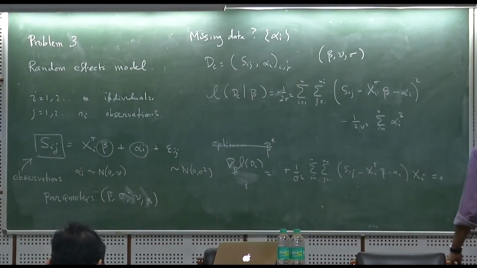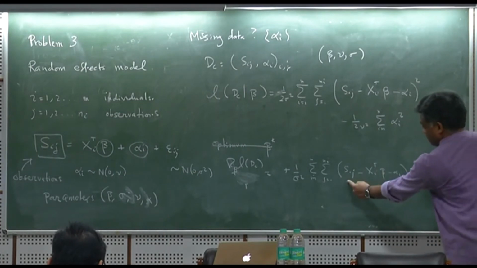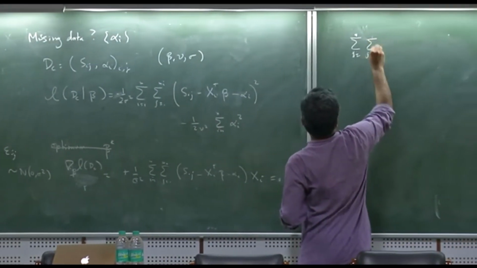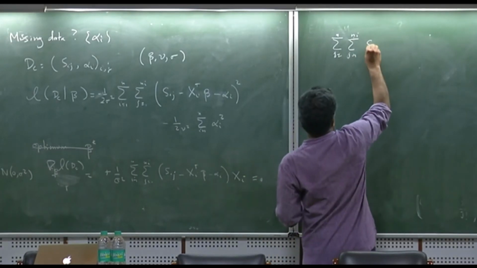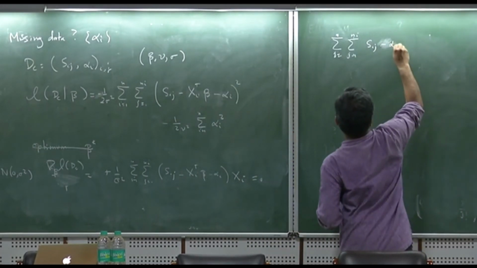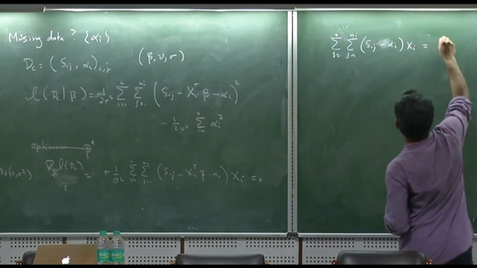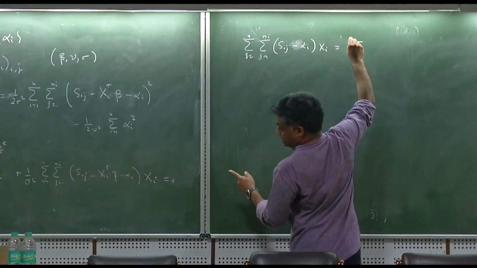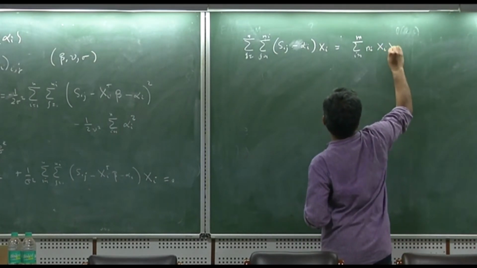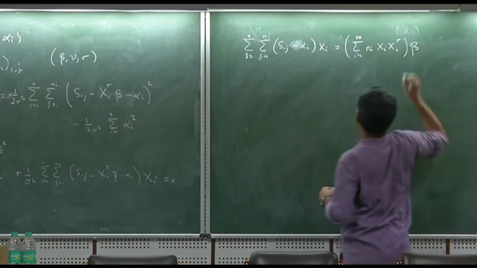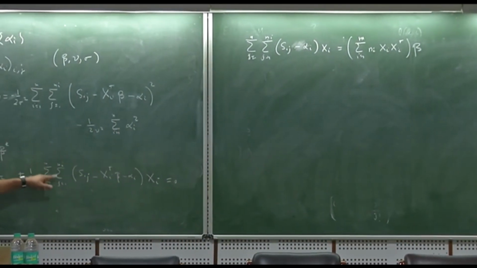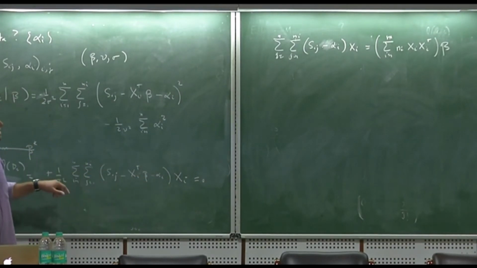If I do a little bit more algebra, you'll take the product of these two and get the summation of i going from 1 through n, summation of j going from 1 through n_i, of (S_ij minus alpha_i) times x_i, and on the other side you'll have the summation of i going from 1 through n of n_i x_i x_i transpose, the whole thing times beta. This comes from the fact that these are common, so you'll have n_i terms coming from there, and this one we kept as it is.